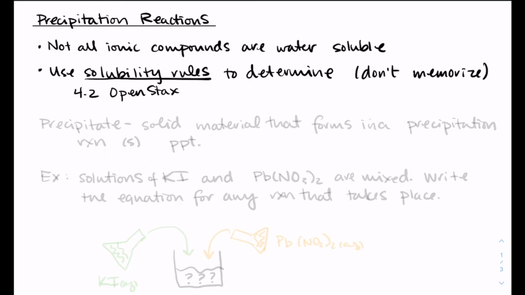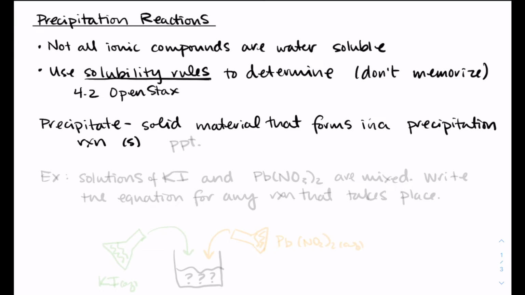When we talk about precipitation reactions, we should maybe define precipitate so that you know what it is. It is a solid material that forms in a precipitation reaction. Precipitate means to come out of solution. If you form something that's a solid, that is not soluble, it might look cloudy if the precipitate is really fine.